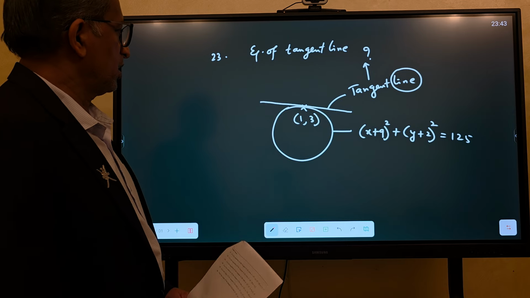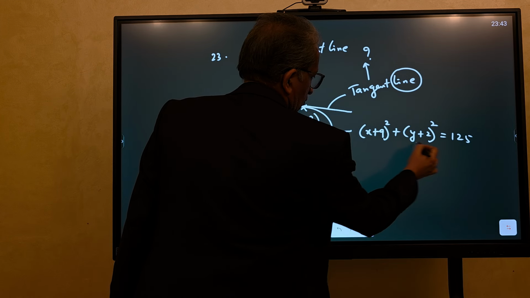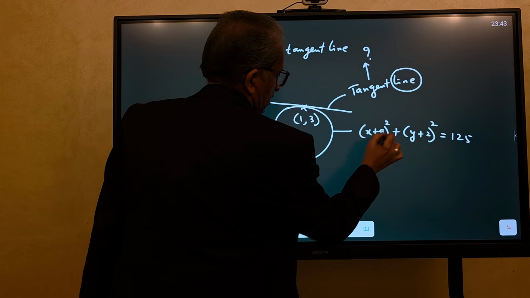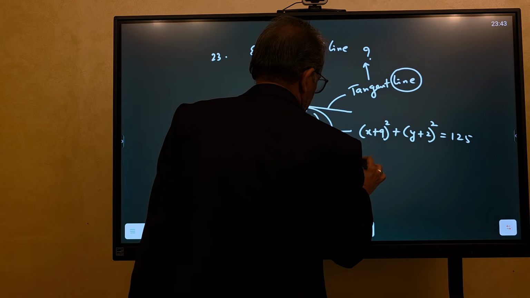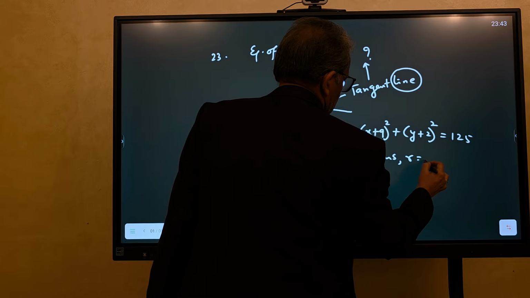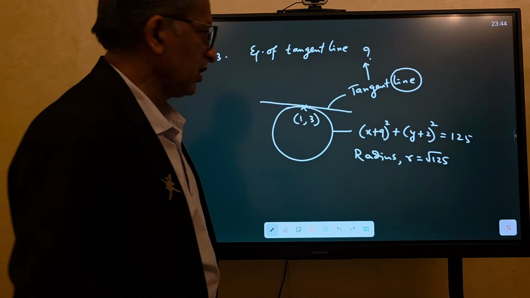So what I will be doing here is finding the center and the radius of this circle. What is the radius? r is the square root of 125, right?